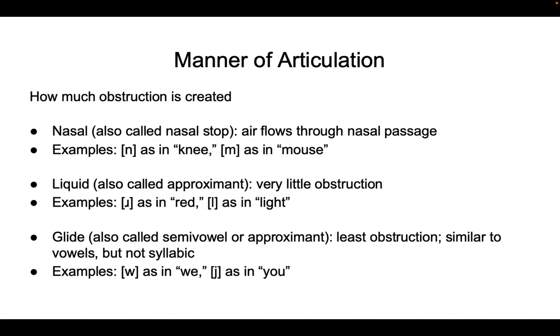Nasals, also called nasal stops, are consonants where the air flows through the nasal passage. Examples: n as in knee, m as in mouse. Liquids, which are also called approximants, are consonants that create very little obstruction. Examples: r as in red, l as in light.